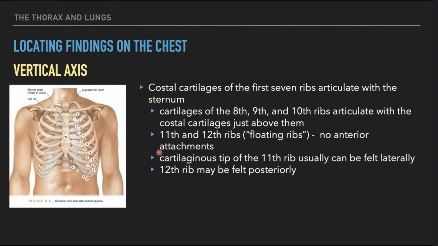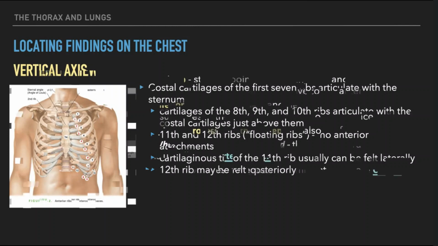The 11th and 12th ribs are called your floating ribs because they have no anterior attachments, as you can see in this image here. The cartilaginous tip of the 11th rib is usually felt laterally, and the 12th rib may be felt posteriorly.